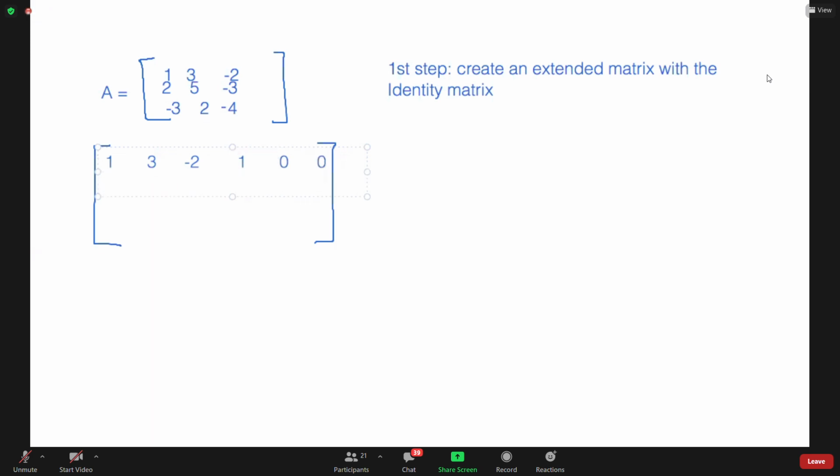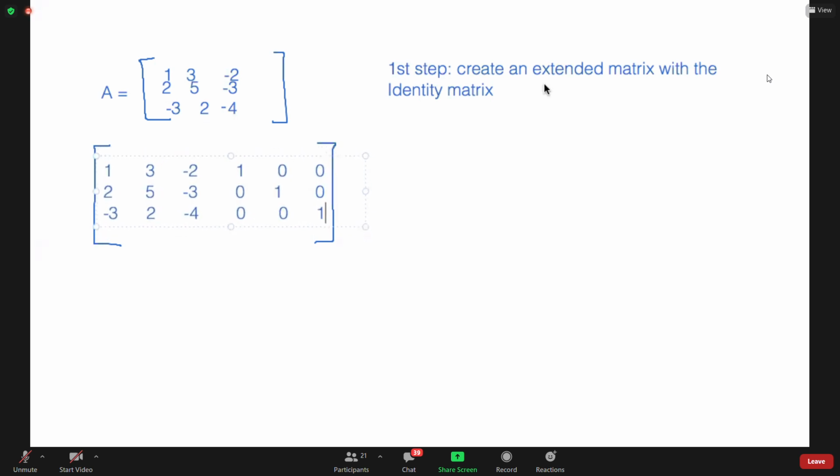Then I have 2, 5, minus 3, 0, 1, 0. And my last row, minus 3, 2, minus 4, 0, 0, 1. Like that.